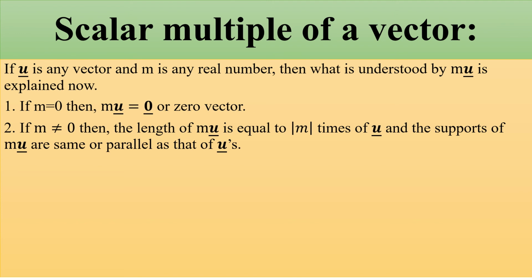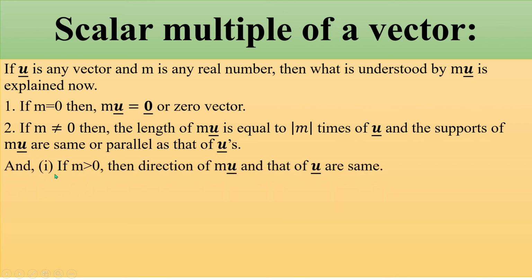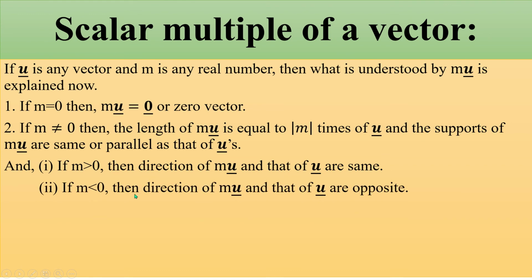Always remember this. Clear? And if M is greater than 0, then the direction of MU vector and that of U vector are the same, and when M is less than 0, then the direction of MU and that of U vector are opposite.